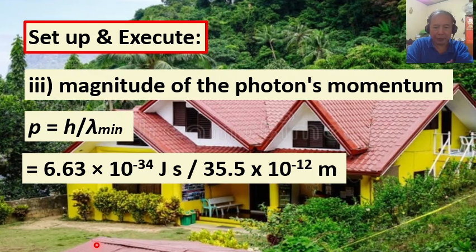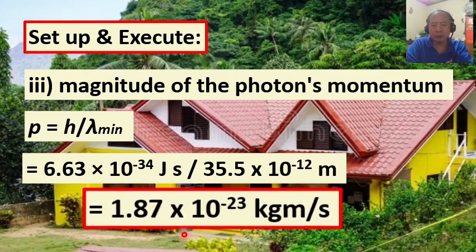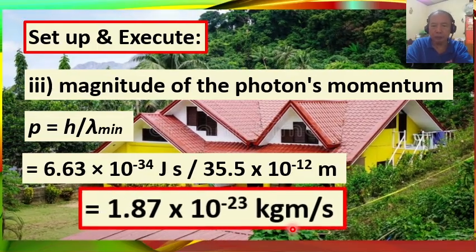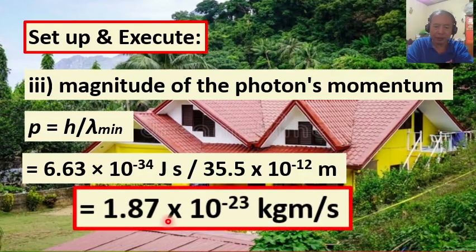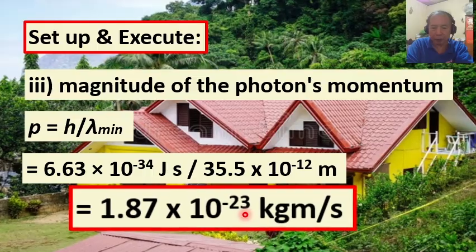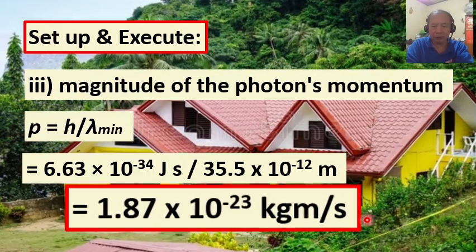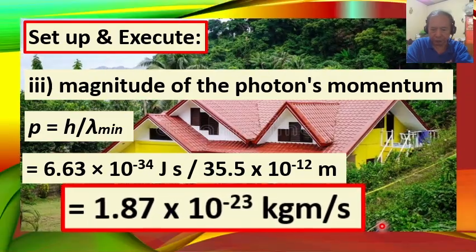So, doing our math, we arrive at the magnitude of the photon's momentum equal to 1.87 times 10 raised to the negative 23 power kilogram meter per second. This is rounded to three significant figures.